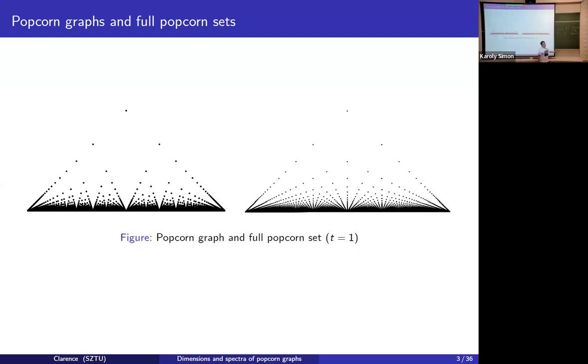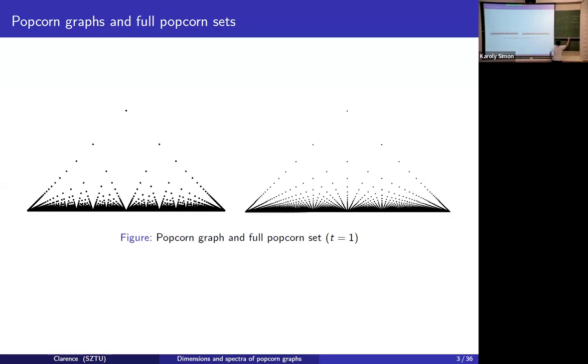For any rational number of the form p divided by q, the shape will be like this. However, the full popcorn set F_t equals the points p divided by q with 1 over q to the power of t, where p is not necessarily coprime to q.